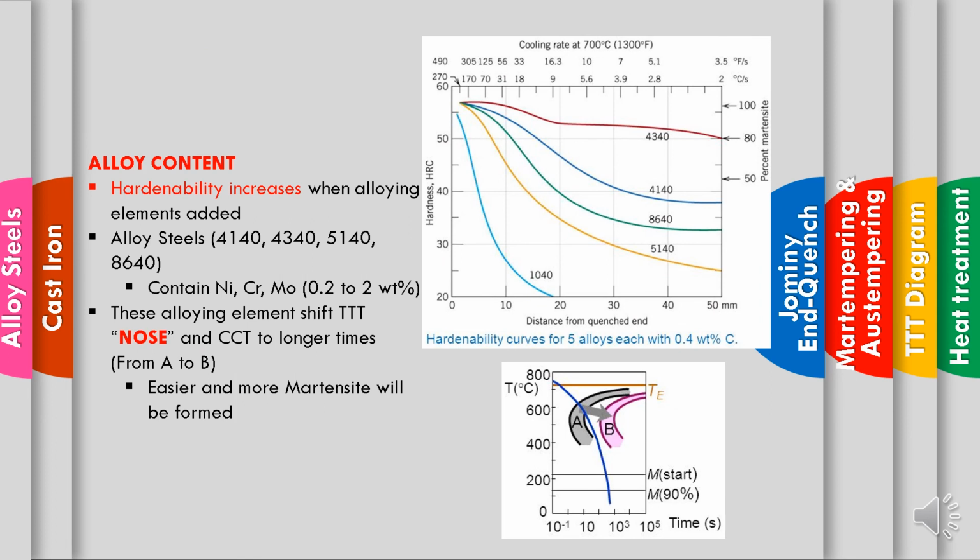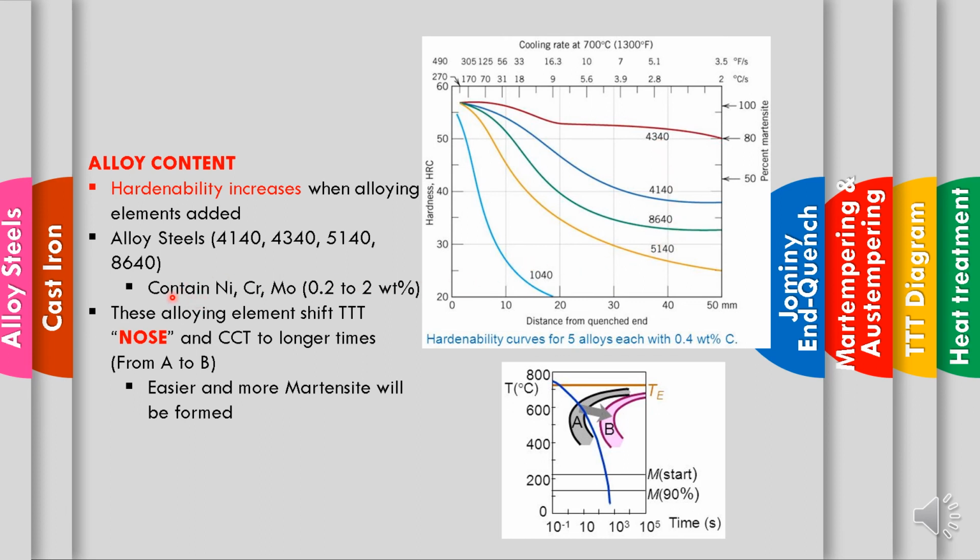For the alloy content, hardenability increases when alloying elements are added. Even though in the previous slide we had 0.4 percent carbon, when we add a different element it will produce a different result. In this case, with different alloys, this different code of alloy will produce different hardness.